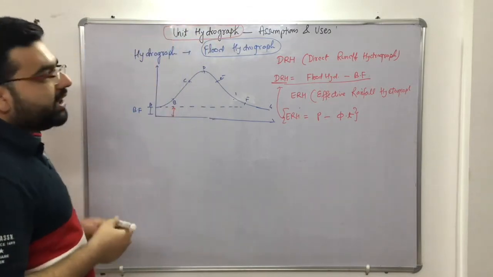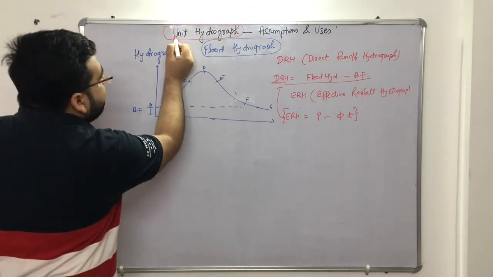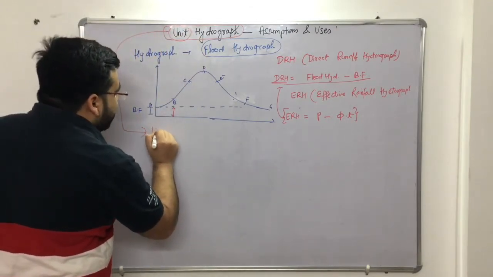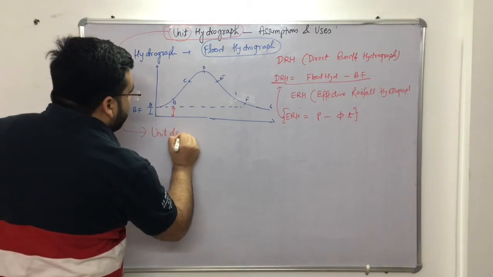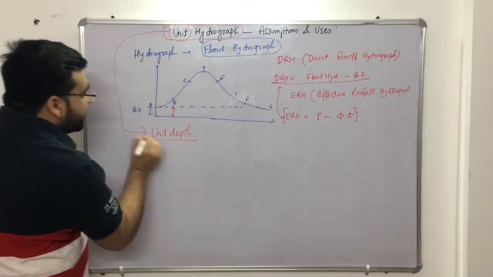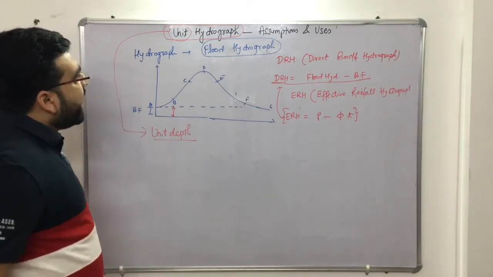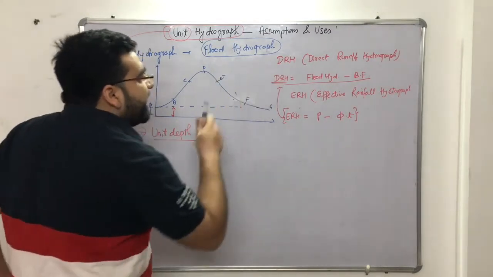Now let's come to the topic of unit hydrograph. So what is unit hydrograph? You must be seeing this word unit. Unit stands for unit depth, right? So unit hydrograph is also a type of direct runoff hydrograph.